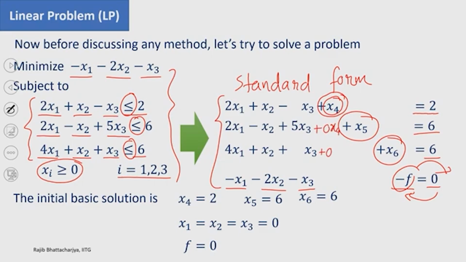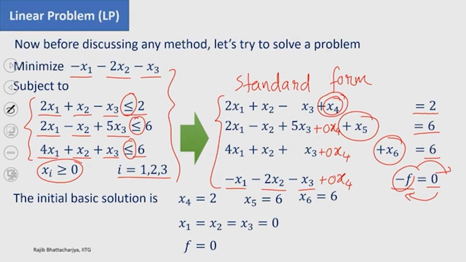So now I am getting a variable x 4 whose coefficient in equation 1 is 1, and for the other equations it is 0.